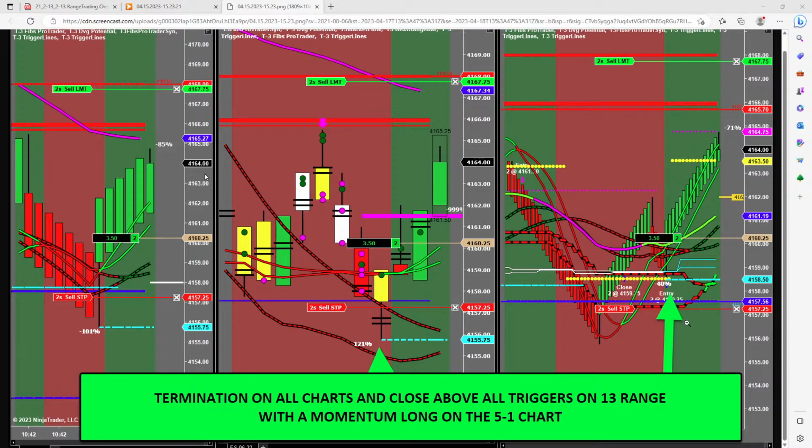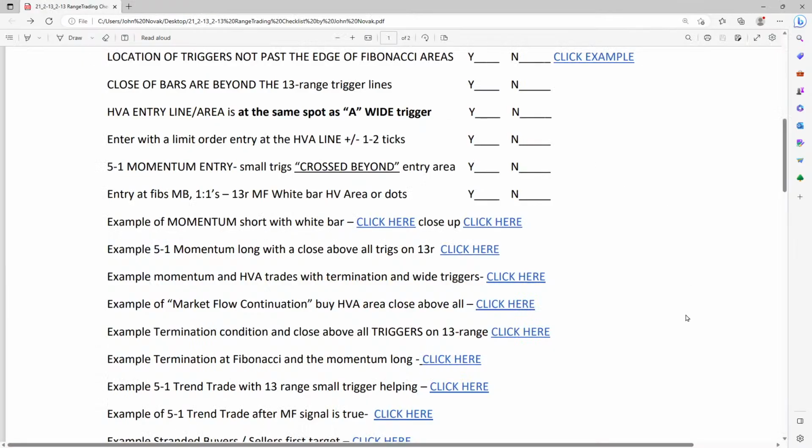So you're layering these things together. Instead of anticipating an area holding, you're going to wait for it to hold. Wait for it to close above, and then you're going to go. So I wouldn't call it an anticipatory trade. I would call it more of a reactionary type trade. I don't know, maybe that's going too far.